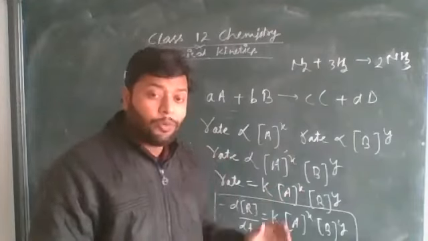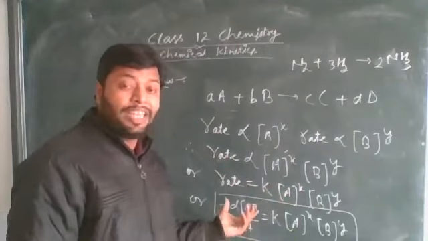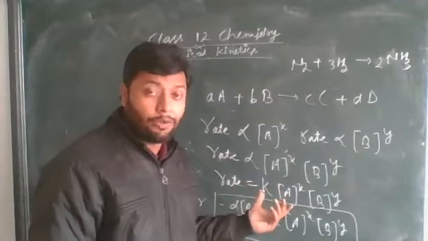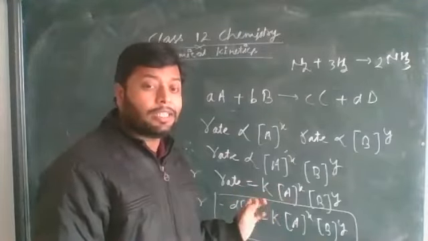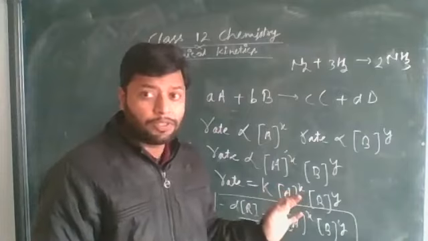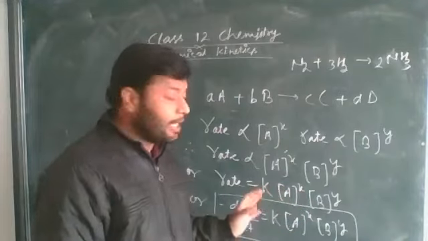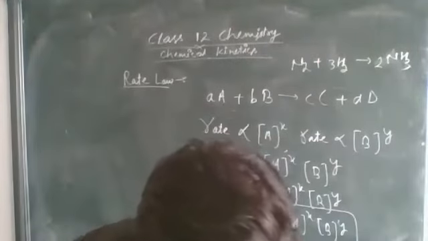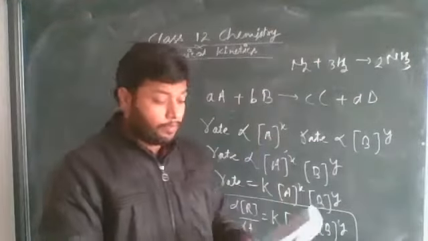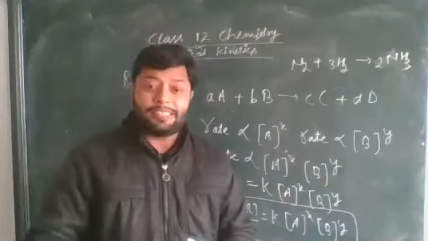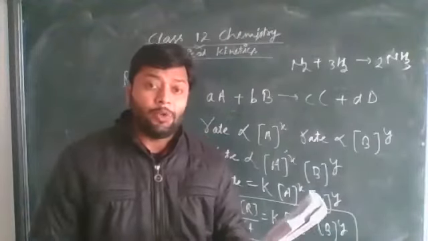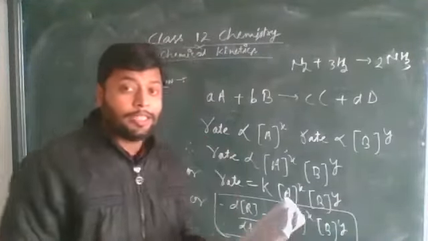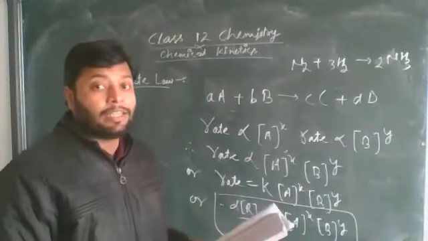And that's why we have to learn, with the help of experimental data only, how this can be determined. For that we have one example given in the NCERT book. One reaction is given. With the help of that reaction, we will try to learn the real picture about the rate law.